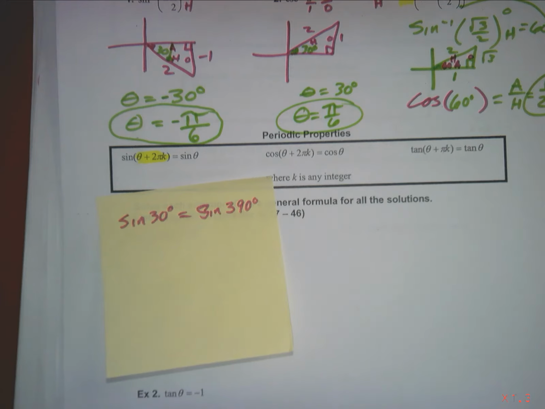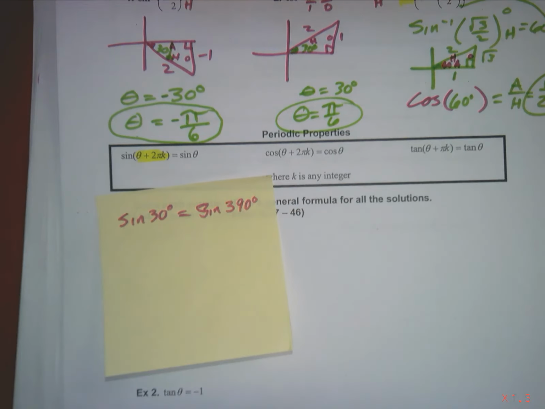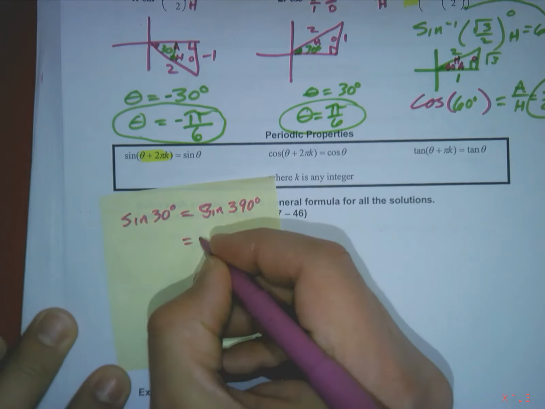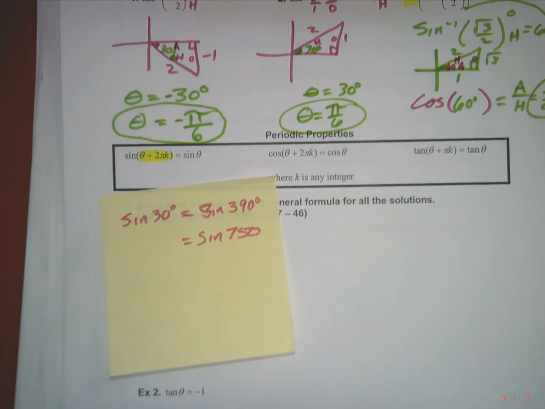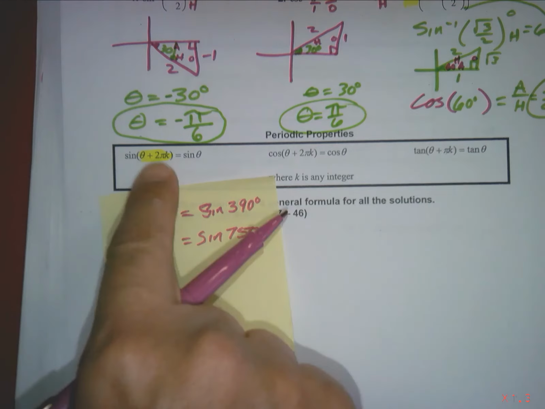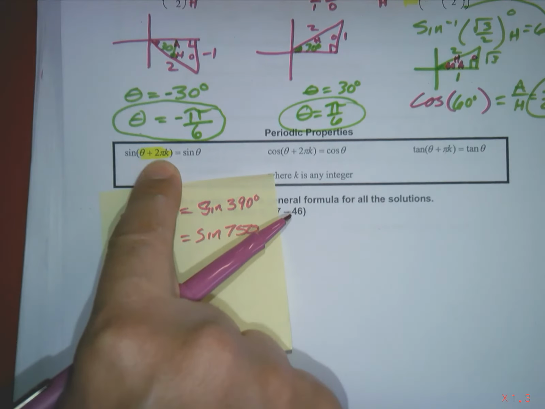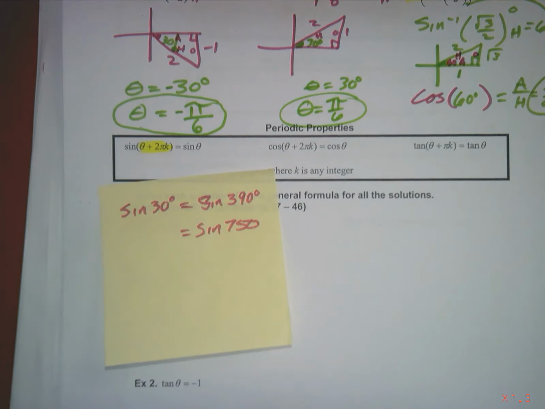It'll put you right back in the same spot. And if I add 360 to 390, that puts me at 750. These are all equivalent, and I could keep adding 360 over and over and get the same thing. That's what theta plus 2 pi represents. I'm just doing it in terms of degrees so we can visualize this.